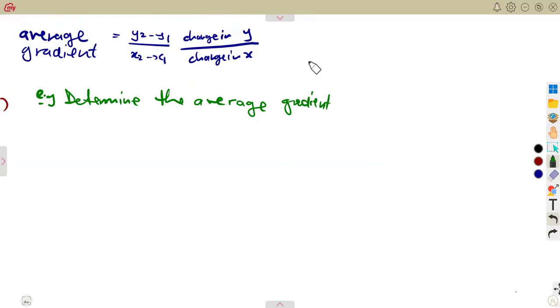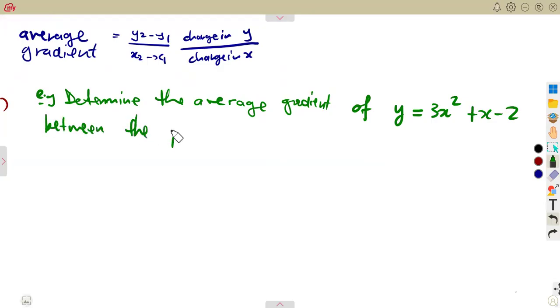Determine the average gradient of, let's say we are given y is equal to 3x squared plus x minus 2 between the points. So this is what I want you to understand. That's why I'm bringing that part again, between the points with x values.